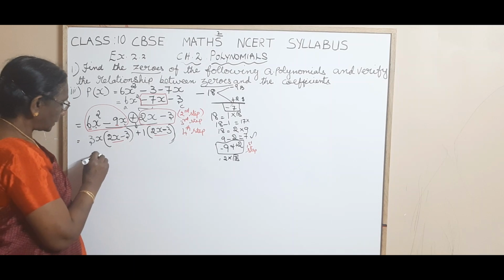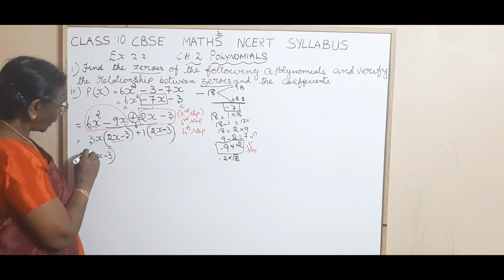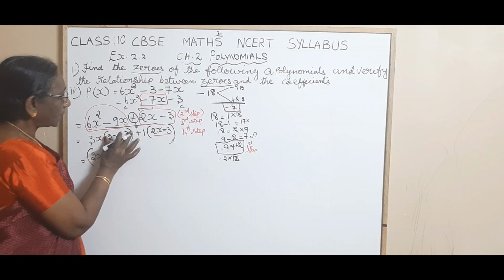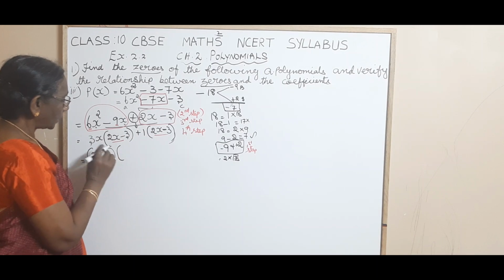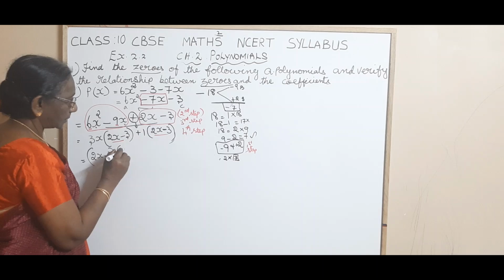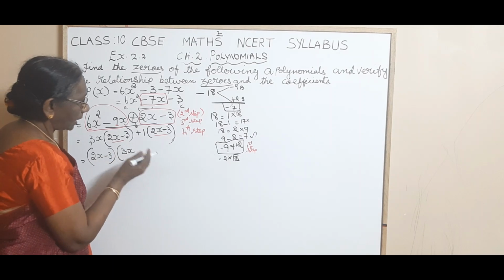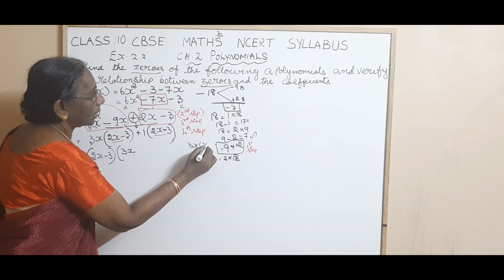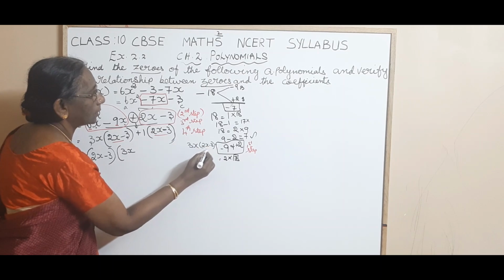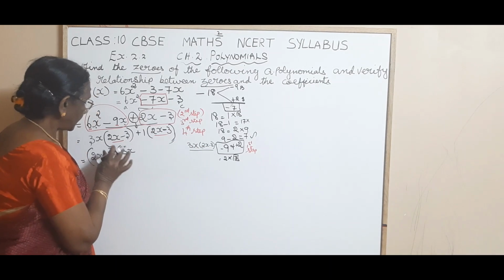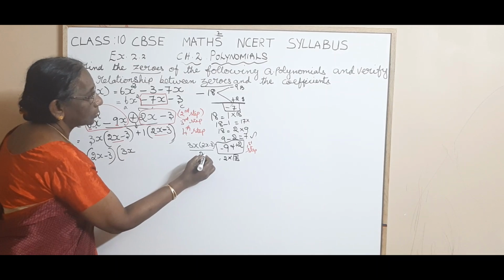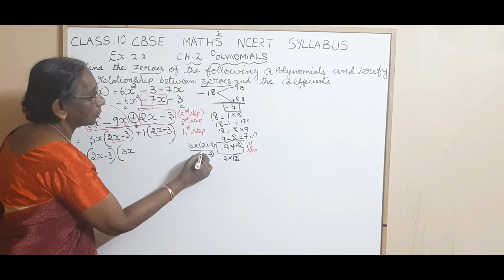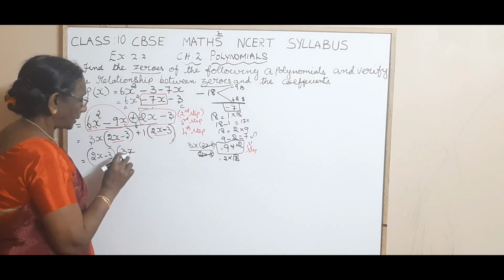So 2x minus 3 into, so you have taken this outside. So what will be left over here? 3x. You have taken out 2x minus 3 means, children, 3x into 2x minus 3, two factors. So to get the other factor, what should you do? You divide. So 3x is left.